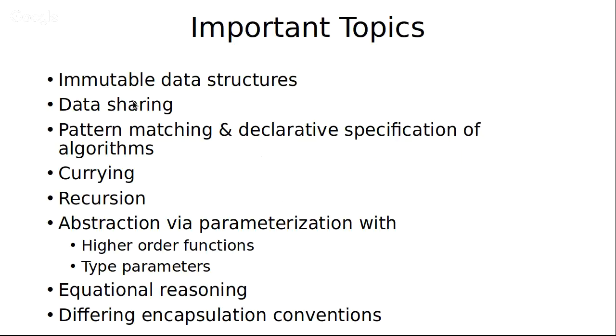Reflecting that, my aim for today is to weave the two together, okay? And go a little bit deeper on some of the topics discussed, or hit on additional perspectives that are conceptual in nature, things like immutability and data sharing, pattern matching, currying, recursion, etc.